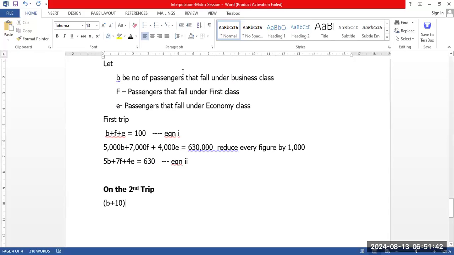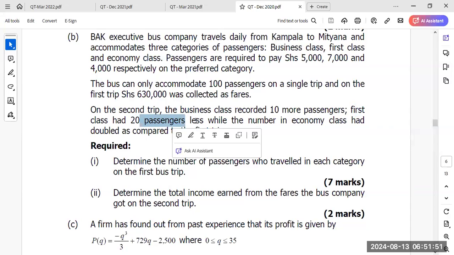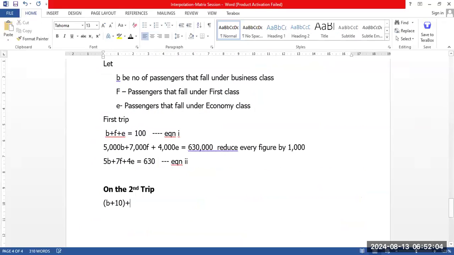Okay. Then first class had 20 passengers less. So what does that one mean? It means that if initially you had F, now it will be F minus 20.